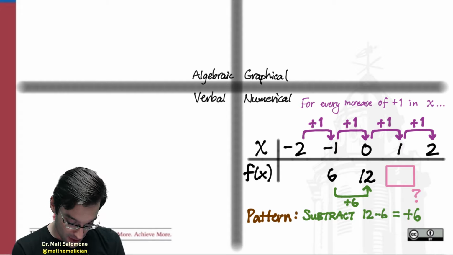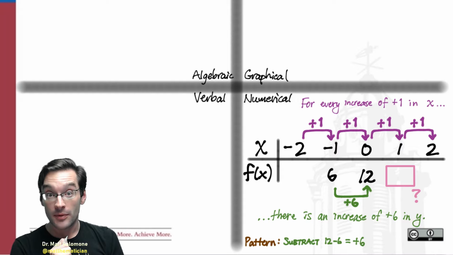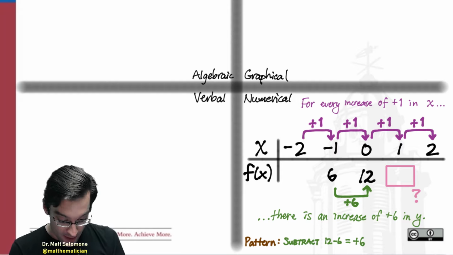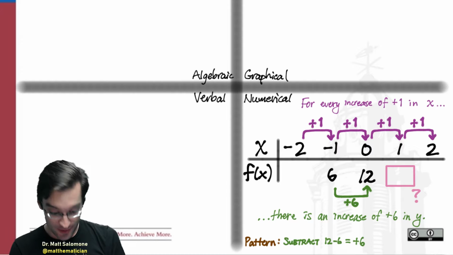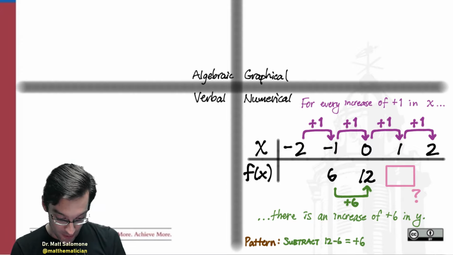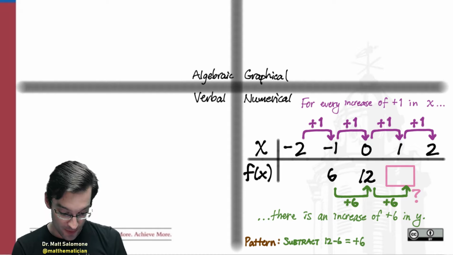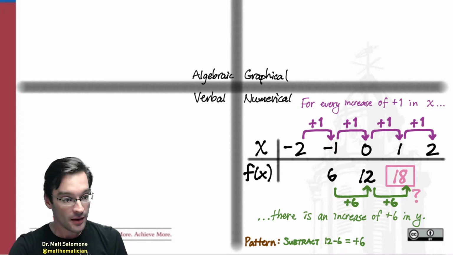So if that's the pattern that I'm observing in my data set, then what that suggests to me is that every time I add 1 to x, I add 6 to f of x. Repeating that +6 one more time will tell me how to fill in this empty space. And so I'll just take 12 plus 6 and fill in 18. So let's make that our prediction here.